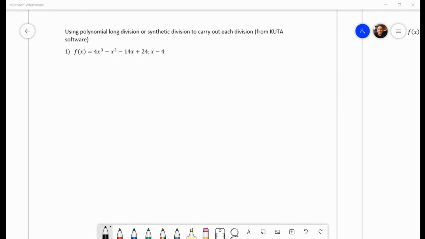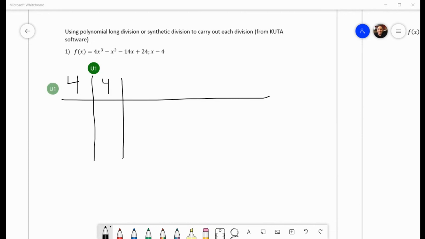Let me just see if we can make this work. There we go. So the 4 from x minus 4, I wrote that first. Next is the 4, that's the leading coefficient of f. So that's this 4. Then we have the negative 1 from the x squared term, right?